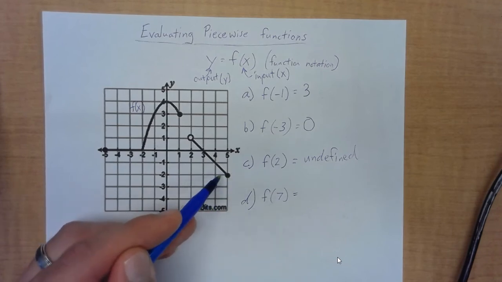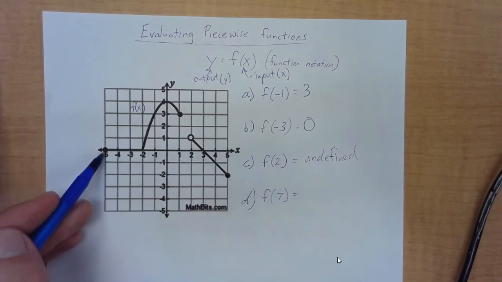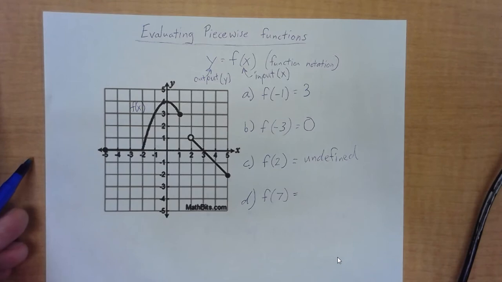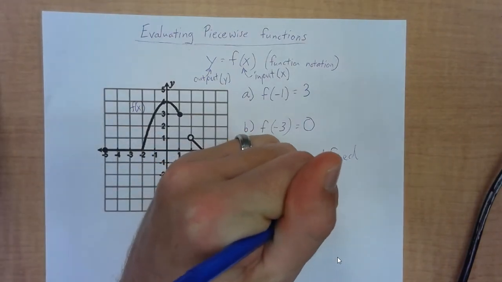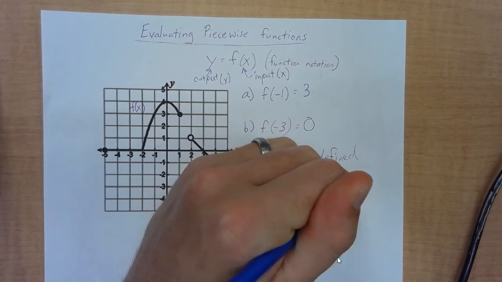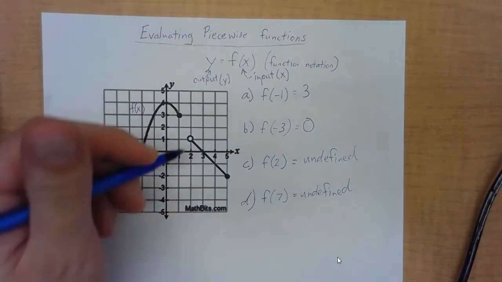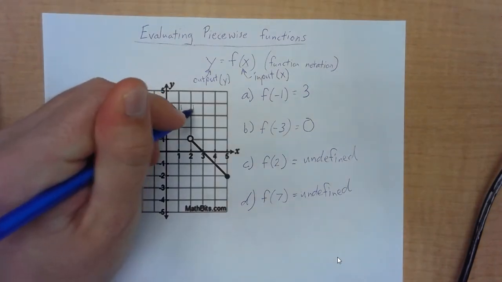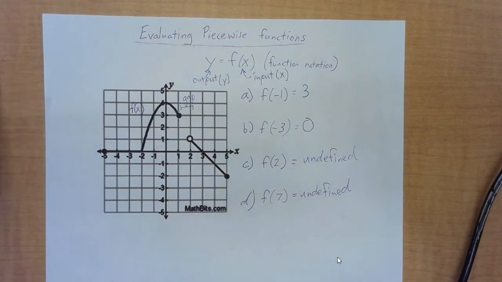So it looks like the function doesn't exist when x is bigger than -5 and when x is less than -5. So this one is also undefined. All right, so this is what we call a gap, where there's just a short section where there is no function.